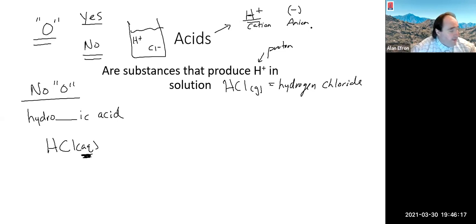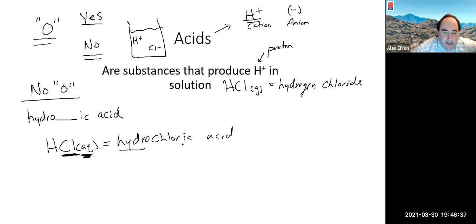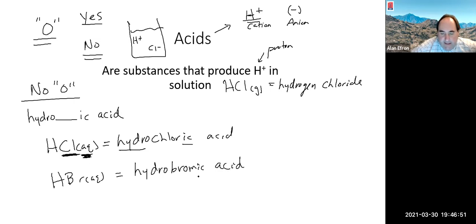When we look at this, we see definitely that there are no oxygens involved. So we would start with the name hydro, the middle part is the Cl, so hydrochloric acid. Hydro-ic acid. We have something like HBr, aqueous, also no oxygen involved. This would be hydrobromic acid.